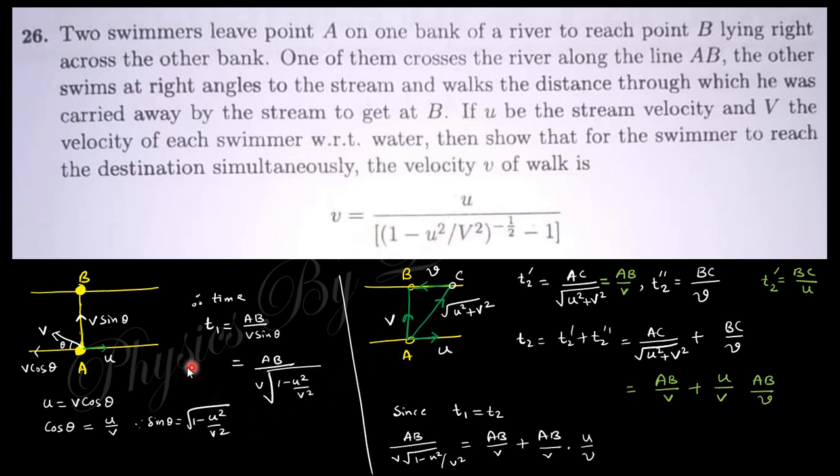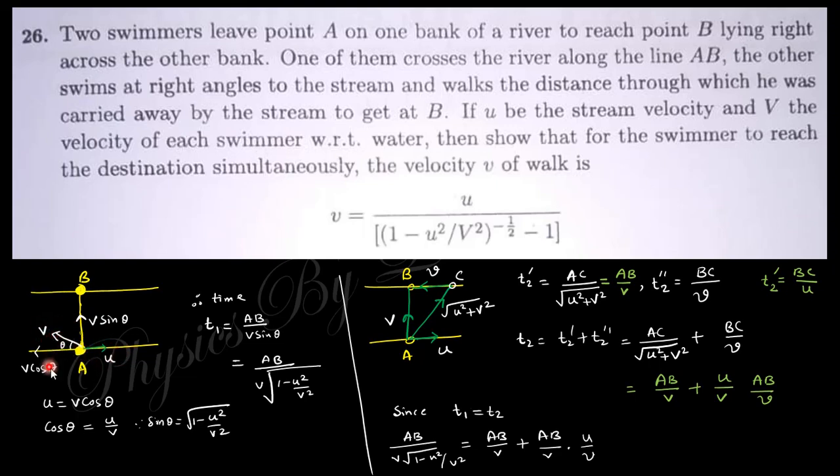Consider swimmer 1, who finally goes along the path AB. So his velocity must be directed such that the stream's velocity is cancelled.